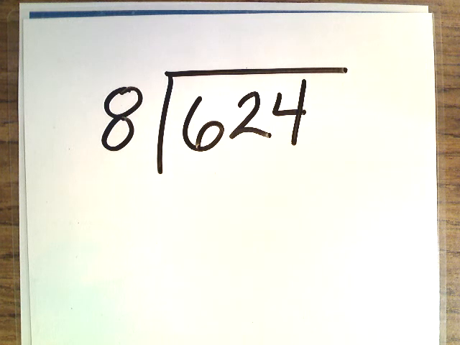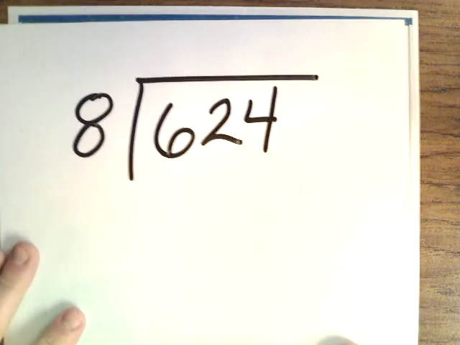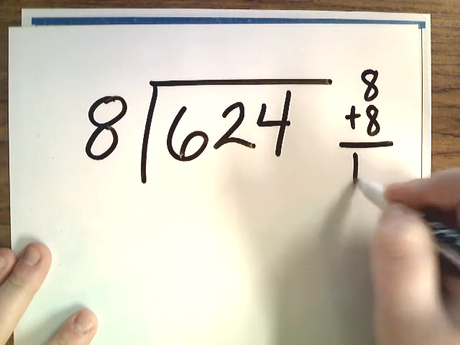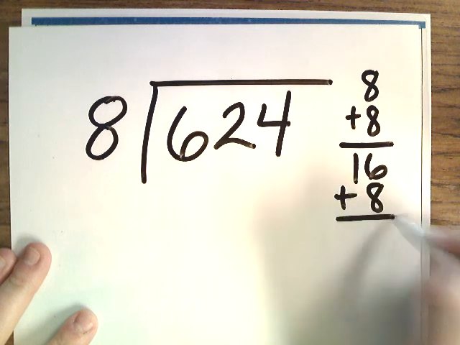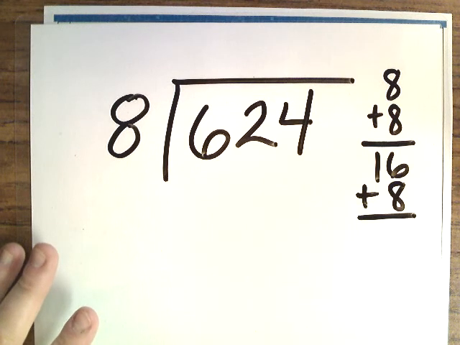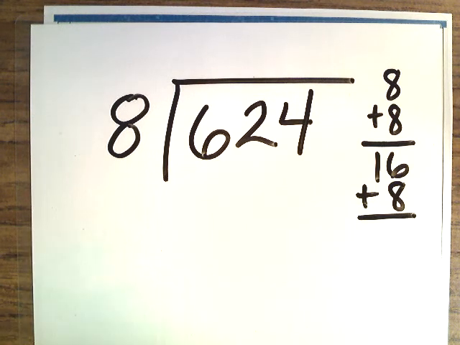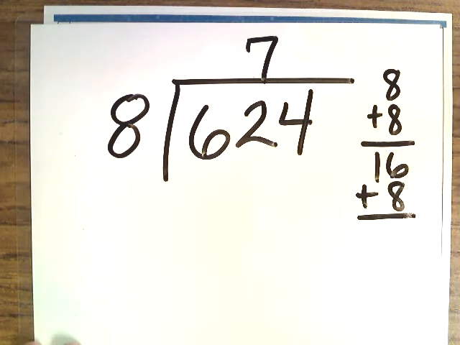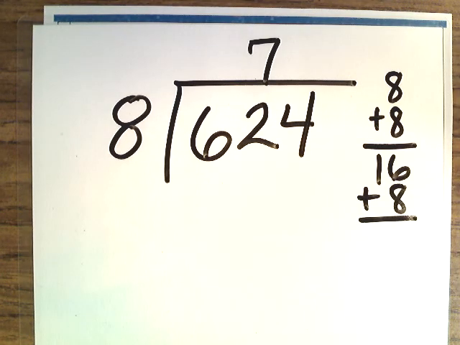So if I skip count, maybe I don't skip count. Maybe what I do is I just create this running total and I add 8 up a bunch of times. Okay, you can do that if you don't know your 8s and you can't skip count. Well, I know that 8 fits into 62 7 times without going over 62, but getting close.